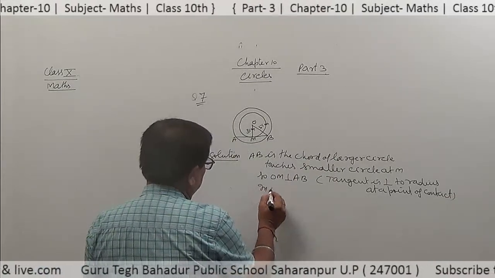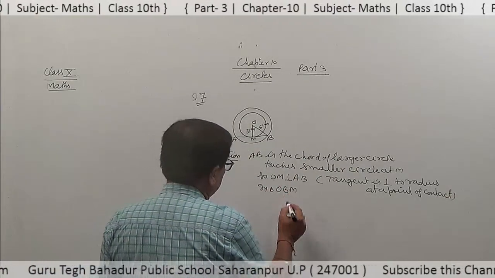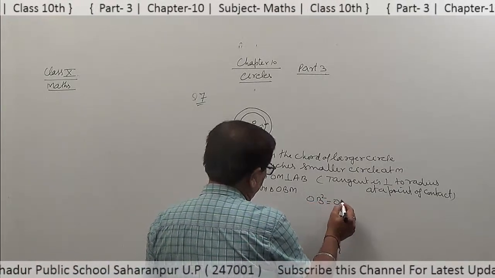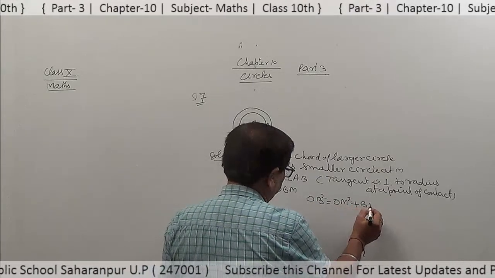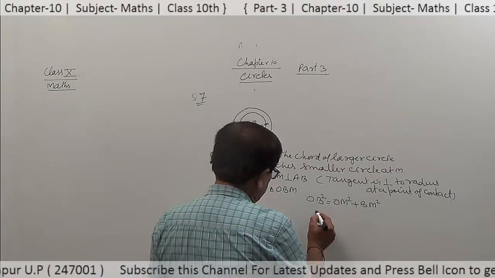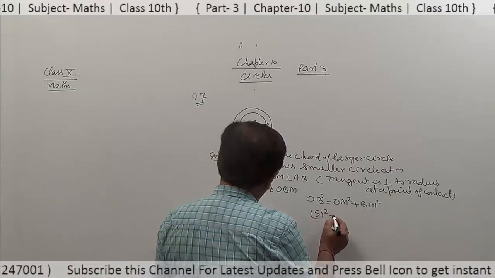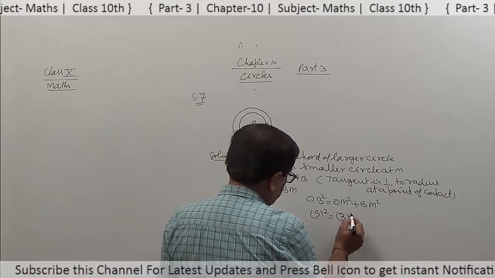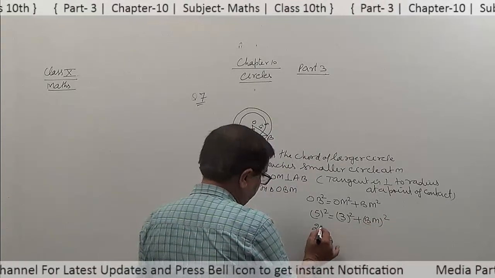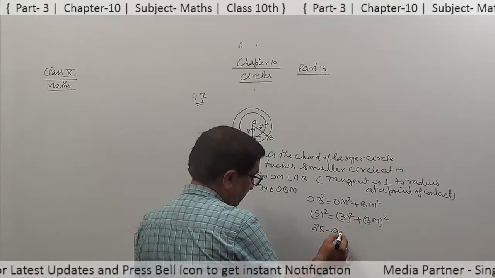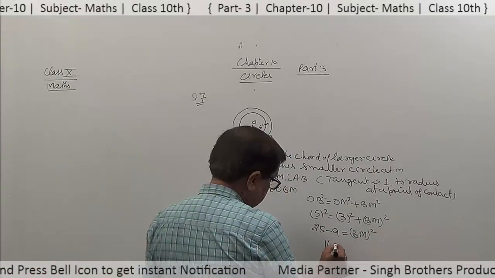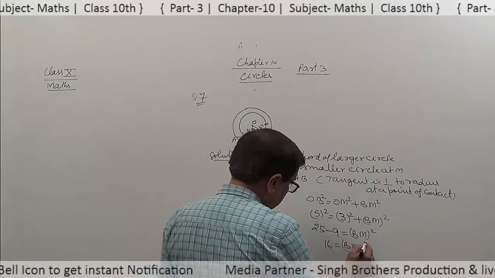So in triangle OBM, OB square is equal to OM square plus BM square. OB is 5 square, OM is 3 square plus BM square. 25 minus 9, 3 square is 9, so BM square is 16.